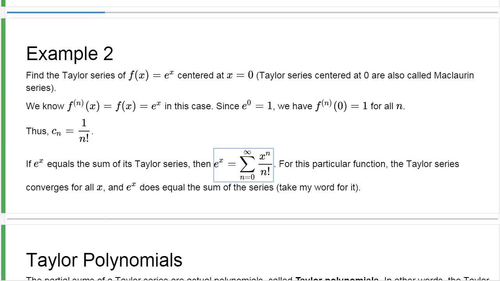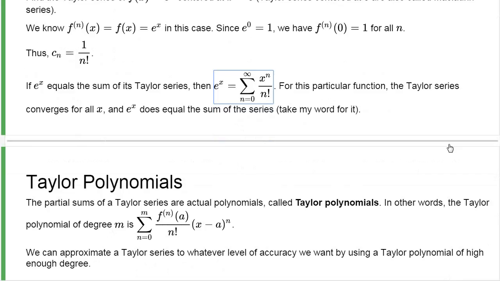And it turns out, which I'm not going to prove, that for this particular function, this Taylor series actually does converge for all x. So no matter what x is, this series converges and is equal to e to the x. So e to the x is equal to, for all x, the sum, n equals 0 to infinity, of x to the nth power divided by n factorial.